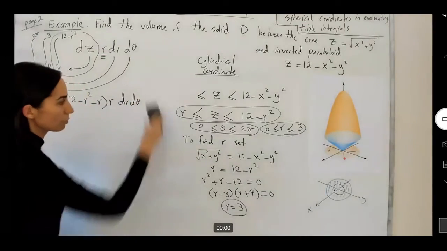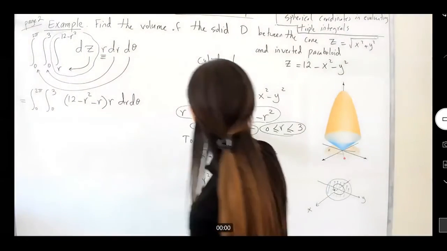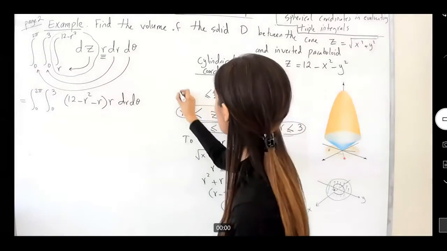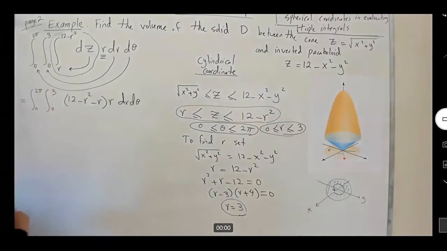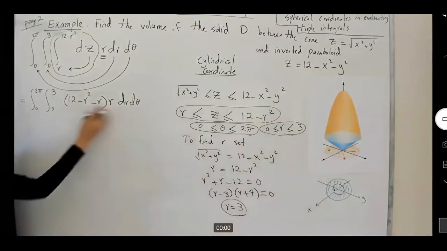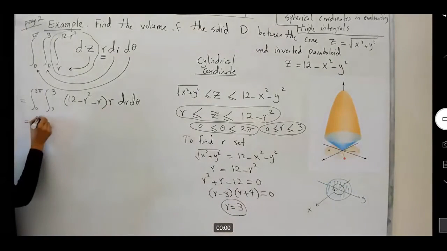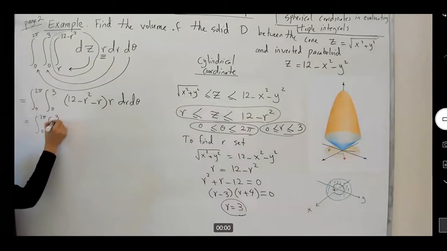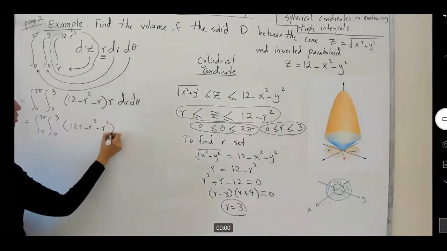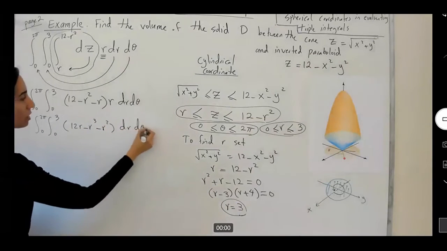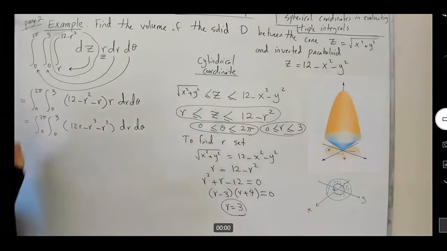Let me move this a little bit to the other side so we don't get confused. Okay, let's distribute r here. So you get the integral 0 to 2 pi, 0 to 3, 12r minus r cubed minus r squared, dr d theta.